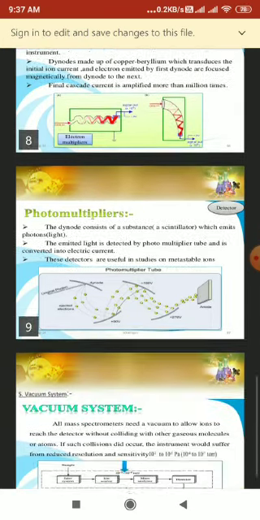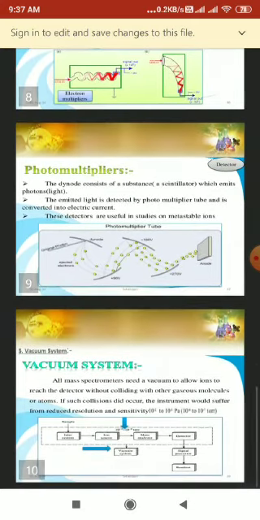Now the fifth and last component of instrumentation of mass spectroscopy is the vacuum system. Since the ions must travel a considerable distance through the magnetic field to the collector, and also to avoid ion scattering and background, a very low pressure of the order of 10 to the power minus 6 to 10 to the power minus 7 millimeter of mercury must be maintained in the mass spectrometer.